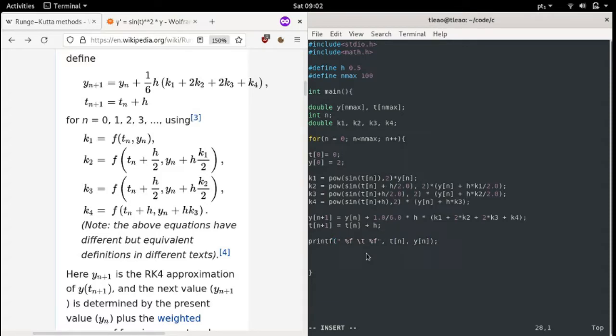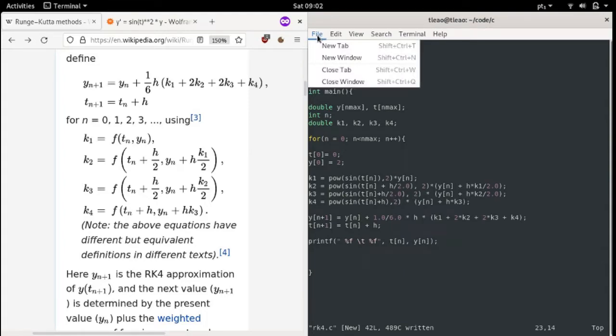All right, so let's test the code, see if there's something missing here. Okay. I'm gonna open a second terminal window here. I'm using Linux. If you're using Windows, please check the video where I teach you how to install mingw and write C code in Windows.